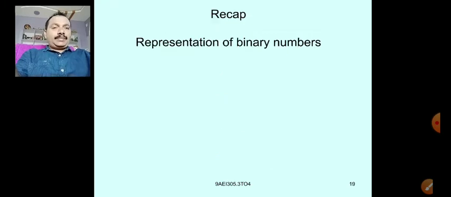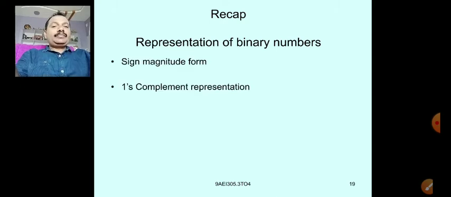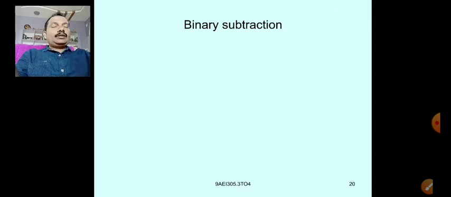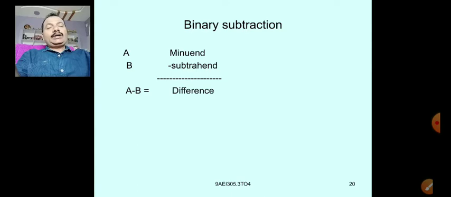Okay. So we have learnt representation of binary numbers, sign and magnitude form, and 1's complement and 2's complement representation of negative binary numbers. And we have studied binary subtraction, minuend minus subtrahend, and you will get the difference a minus b. A is the minuend, b is the subtrahend, a minus b is the resultant difference.